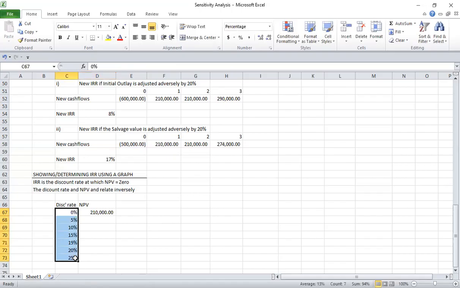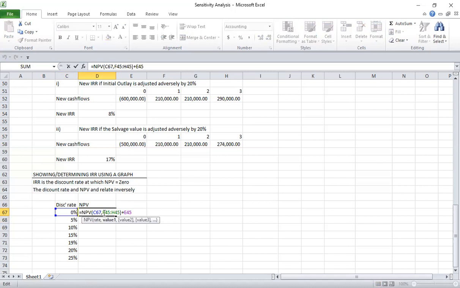When a figure does not change, you can lock the cell. So in this formula, all these are not changing. I want to lock cell F45, H45, and E45.